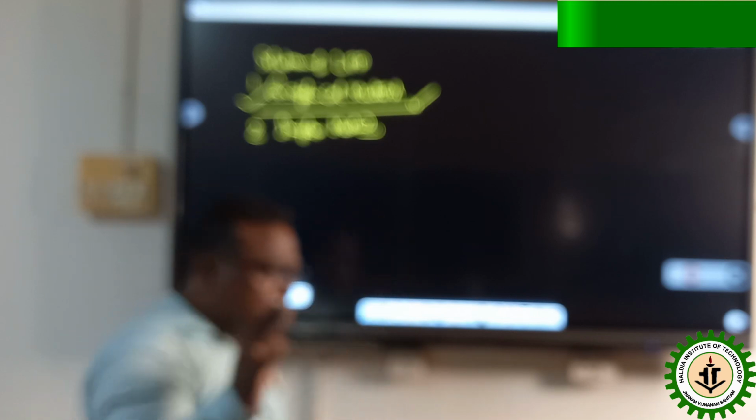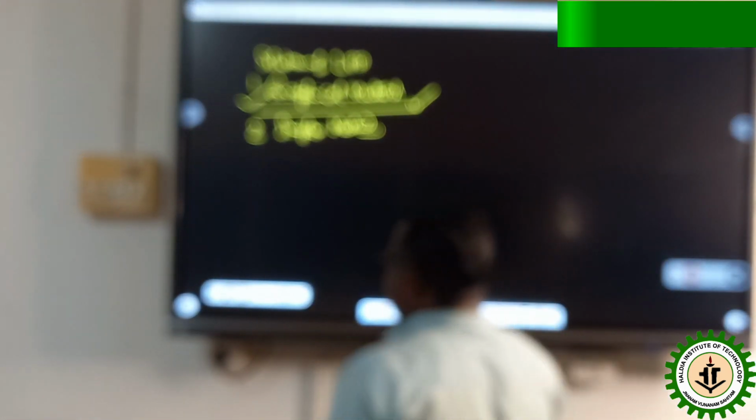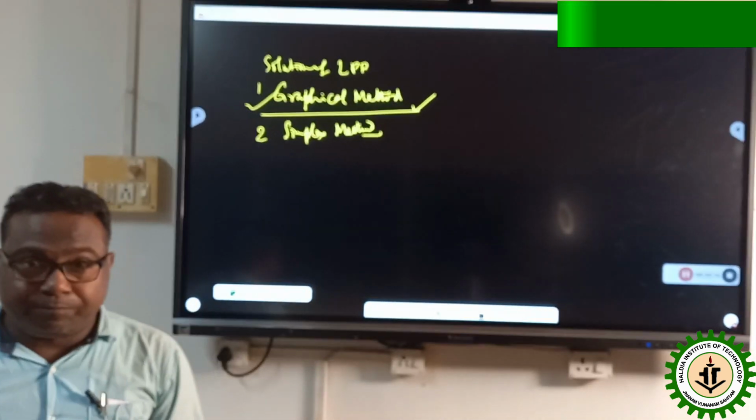Basically, we will choose 4 different problems because you will see that in any LPP there exist 4 types of solution.